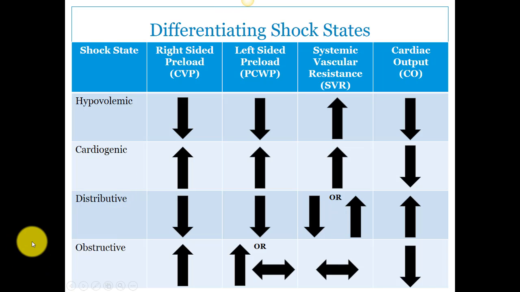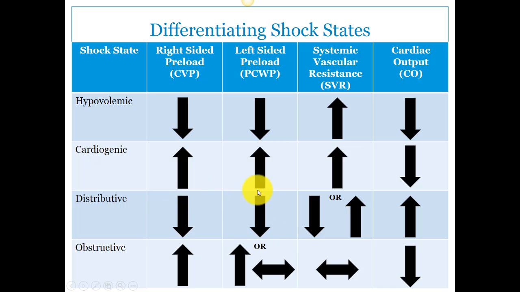Now, if we look at distributive shock, what you have is, because of the inflammatory mediators and the fact that the capillaries are getting leaky and they're also getting bigger, you have a larger set of pipes, which gives you a relative hypovolemia.